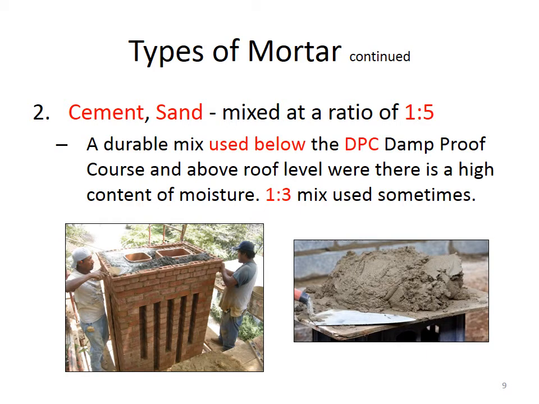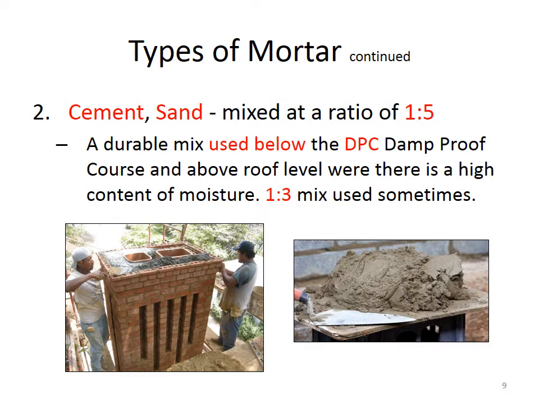The second type we're going to look at is cement and sand mixed at a ratio of 1:5. The only difference between this and the previous mix is that there is no lime added to this. This is a durable mix used below the DPC, damp proof course, in other words below ground level, and or above roof level, where there is a high content of moisture.